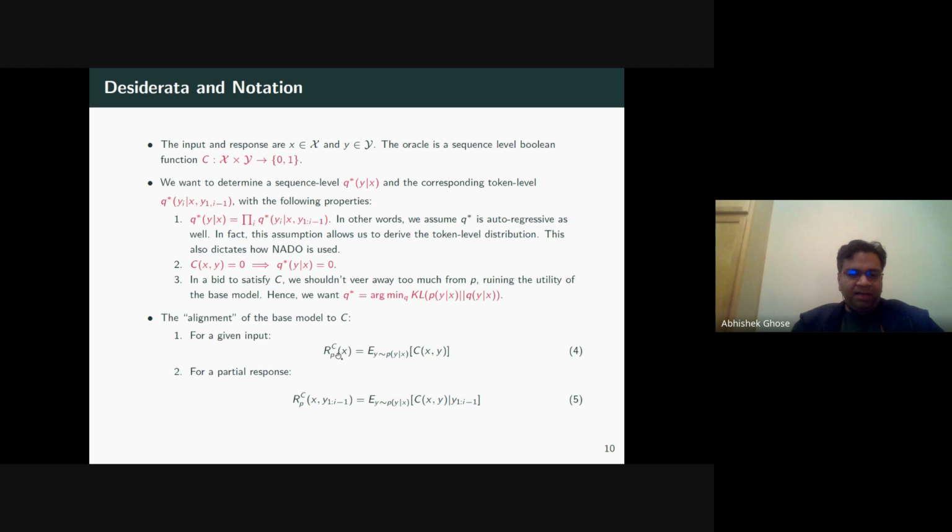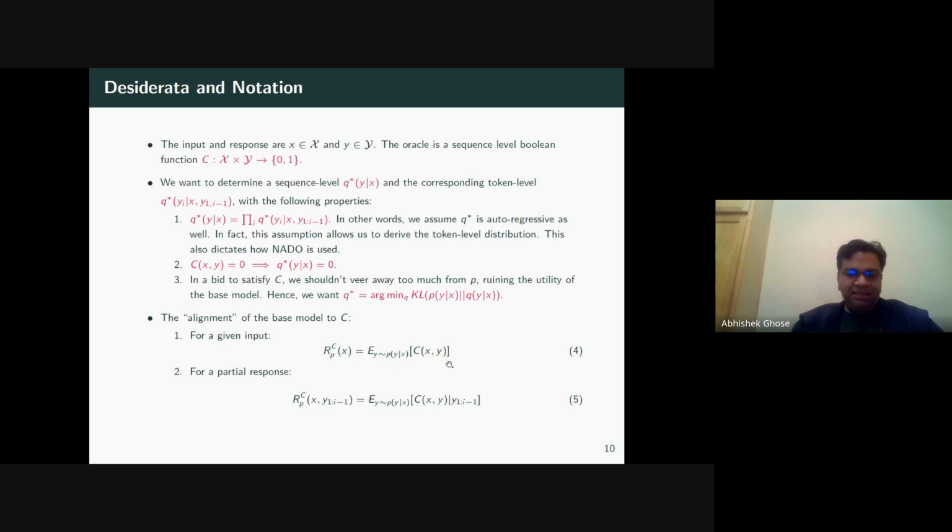And we define this quantity for just the input, but we also analogously define this quantity for the partial output, which is, you have the input x and you have already produced your symbols up to i minus 1 starting from y1, right? And now you are saying that whatever is likely to be produced next, what is the expected value for constraint satisfaction, right?